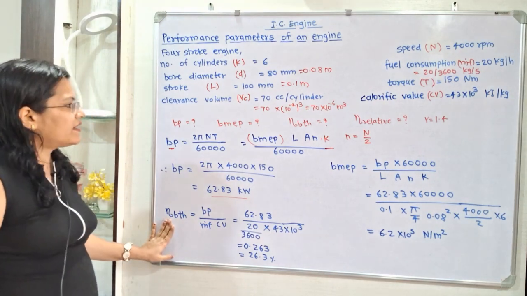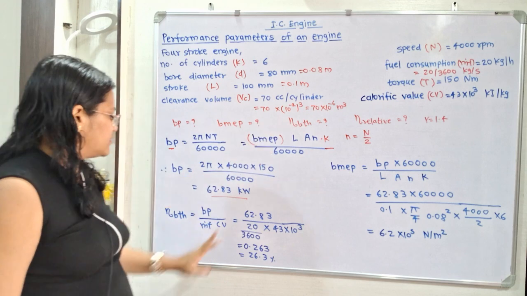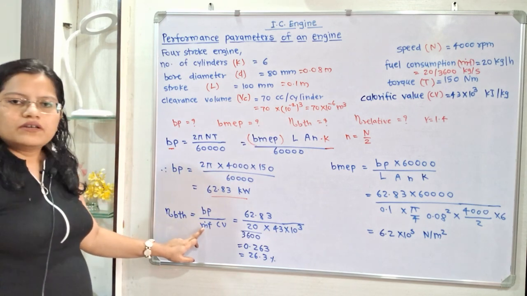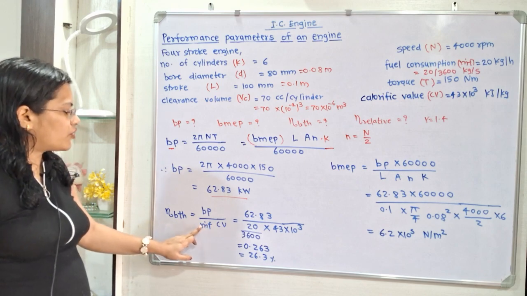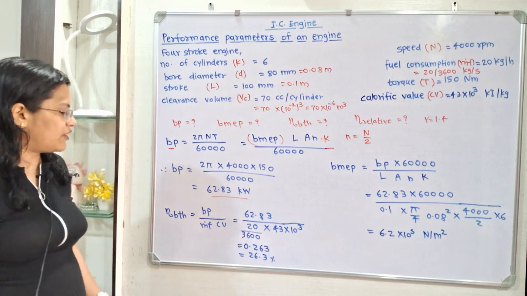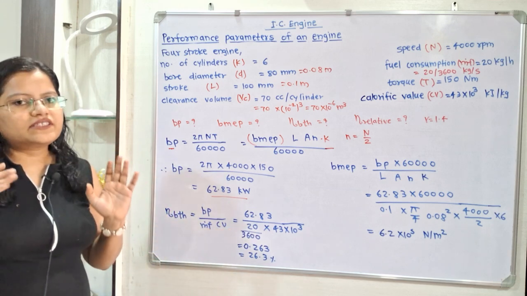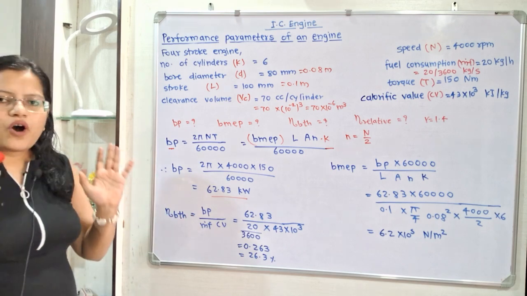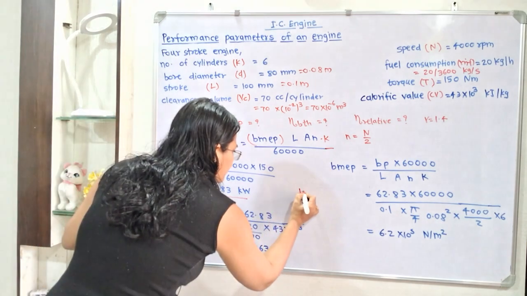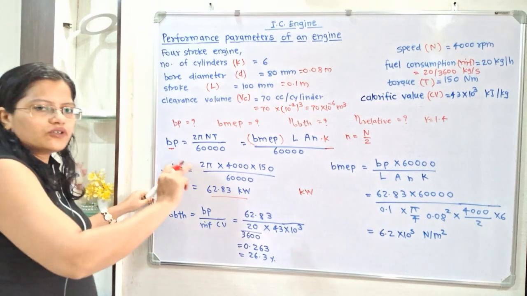Now we will find out brake thermal efficiency. Its formula is brake power divided by fuel consumption or mass flow rate of the fuel multiplied by calorific value. Now we have to consider the standard units. Brake power we take in kilowatt, so it is in the numerator.